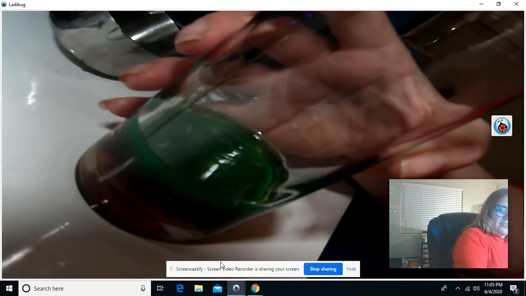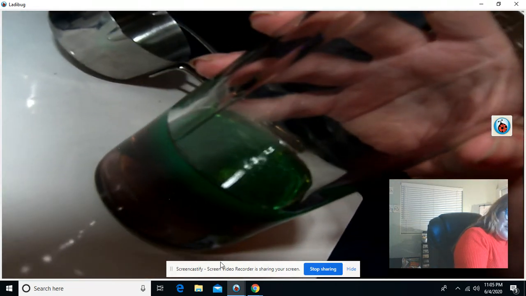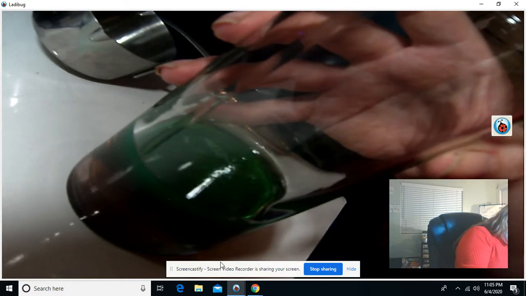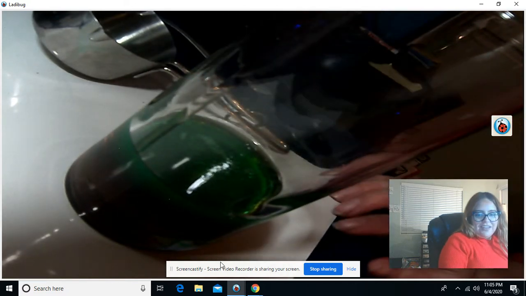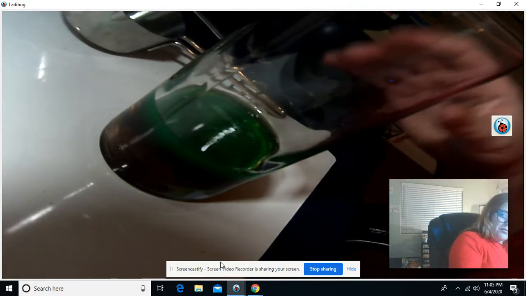Look at that, boys and girls. The soap is floating to the top. And the syrup is going to the bottom.